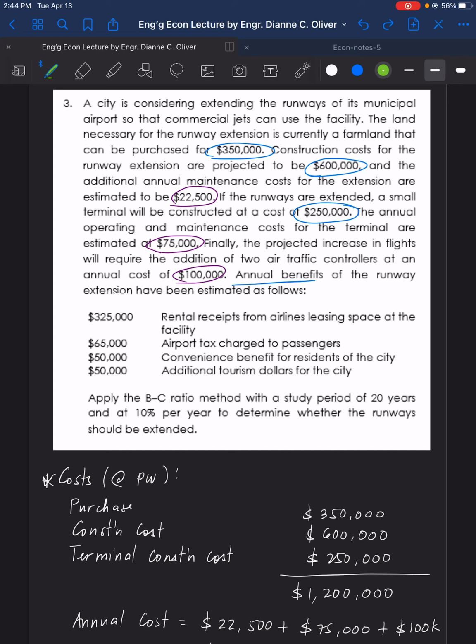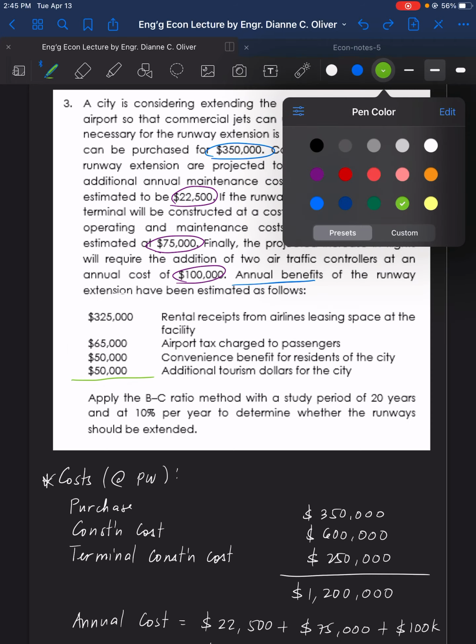So this actually is in annual worth, because you pay taxes and you compute taxes yearly. So this is the big clue, the tax. So it is computed yearly.